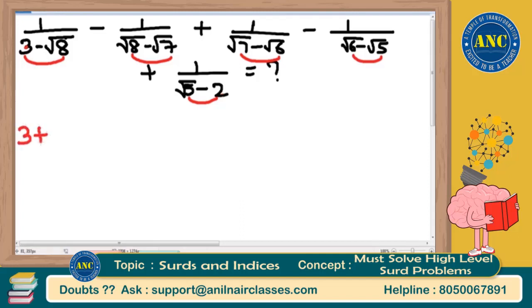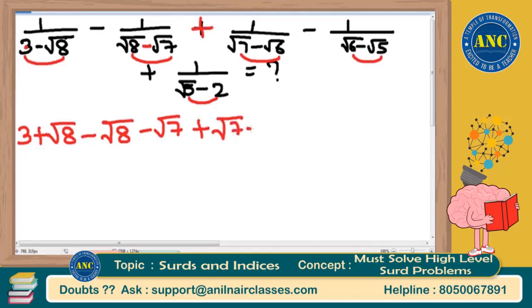So the first term is root 9 plus root 8 after rationalizing. Minus root 8 minus root 7 will become root 8 plus root 7, that means minus root 8 minus root 7 will become plus root 7 minus root 6. Root 7 minus root 6 will become root 7 plus root 6, minus root 6 minus root 5 will become root 6 plus root 5.